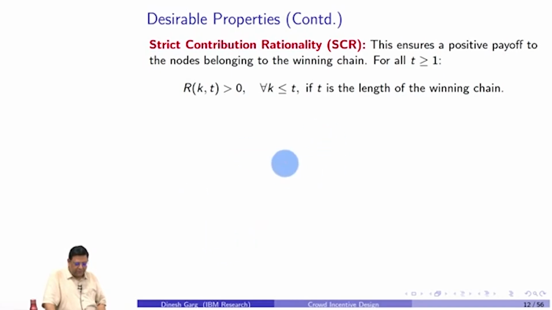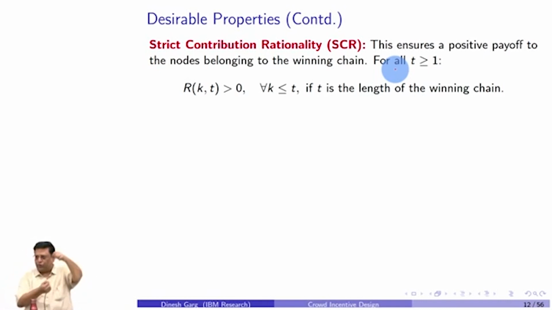There is another desirable property, and this relates to her question she asked. This says that we should ensure a positive payoff to the nodes belonging to the winning chain. So first of all, my reward mechanism should be such that every node in the winning chain should get something. Otherwise, there is no incentive, as she said.